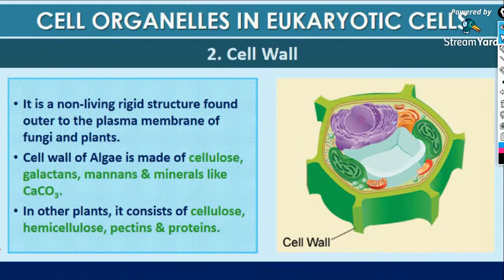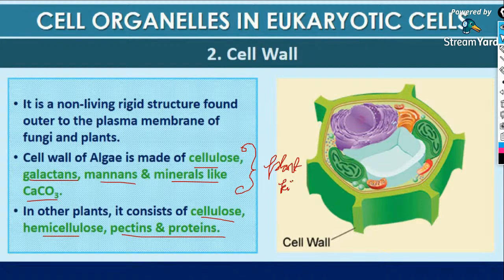In the case of algae, it is made up of cellulose, galactans, mannans, and minerals like calcium carbonate. In the case of other plants, it consists of cellulose, hemicellulose, pectins, and proteins. All these are different constitutions of the cell wall. The constitution in algae we will learn in the next chapter, plant kingdom, chapter 3, that will be soon covered by Abhisar after digestion and absorption.